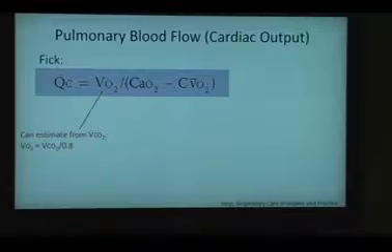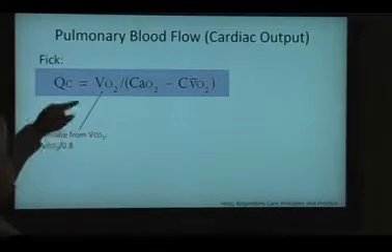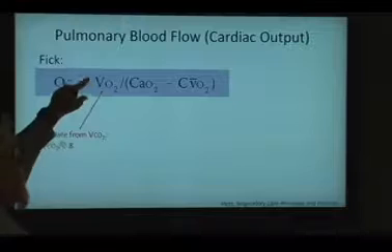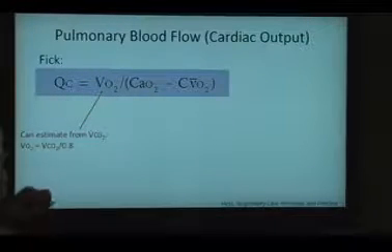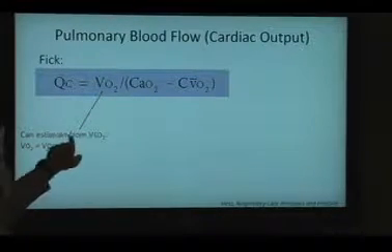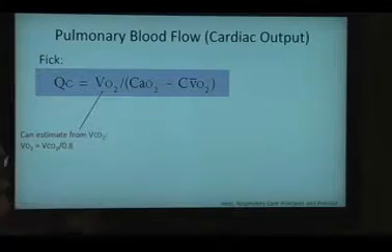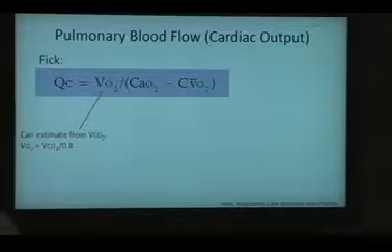We can measure the oxygen consumption, or the oxygen uptake, by estimating it from the carbon dioxide production. Easy enough, we can get carbon dioxide production using the NICO or the NM3.